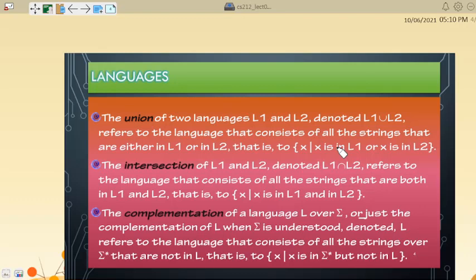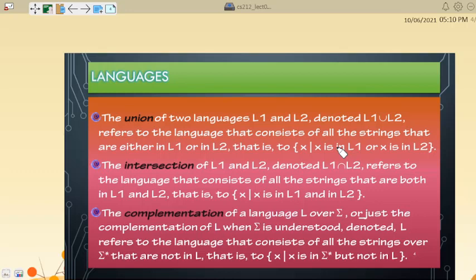The first operator here is union. If we have a language L1 and a language L2, we say L1 union L2. The property of the union of languages is the same as the union of sets.